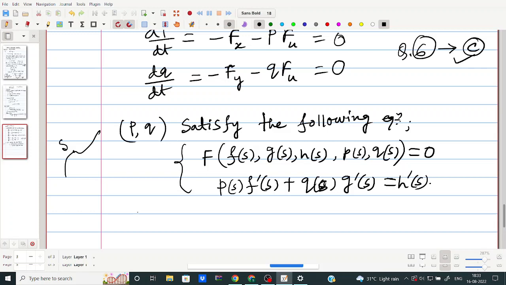But what is the datum curve? Datum curve means t is equal to 0 initially. So p(0, s) I am writing as p(s), only a function of s. This equation is true along the characteristic line, because this is called the characteristic equation.